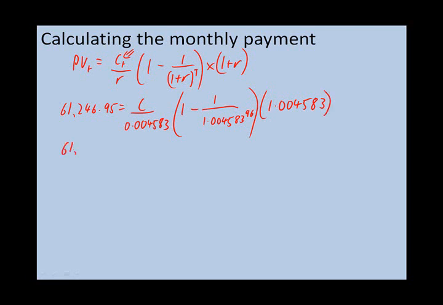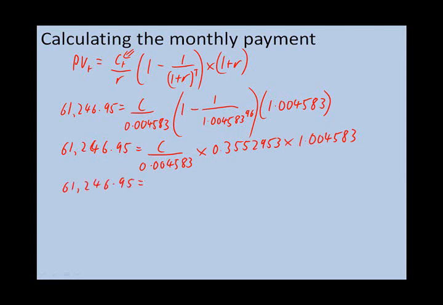If we do that calculation, I get C divided by 0.004583 multiplied by 0.3552953 times by 1.004583, which leads to 77.879908 C.